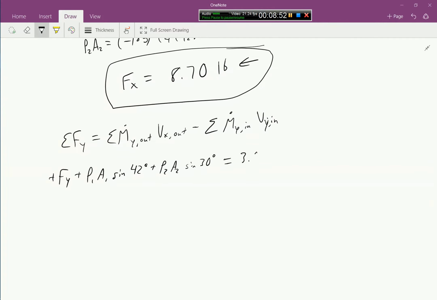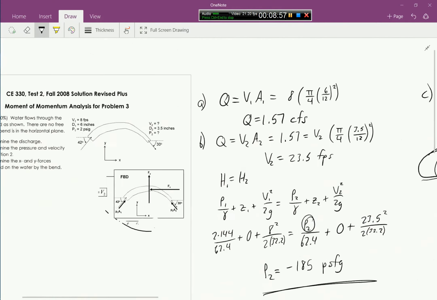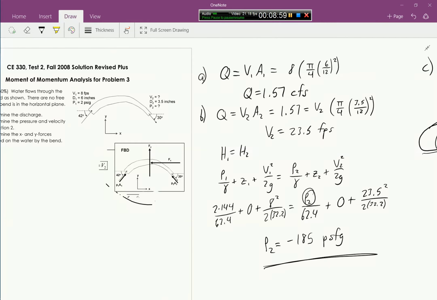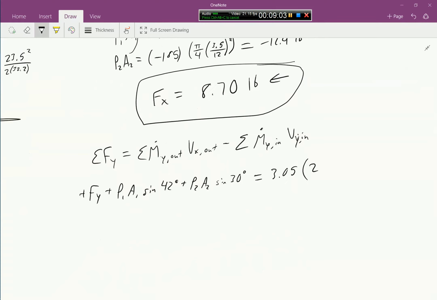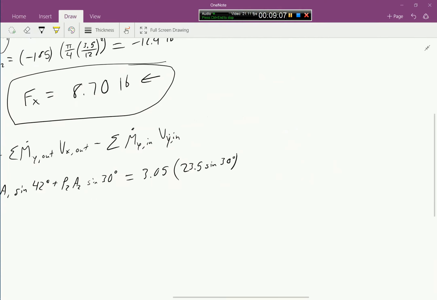And then we have 3.05 for m dot, that doesn't change. And then the velocity coming out in the y direction, so the y component of v2, and v2 is 23.5 times sine 30 degrees, minus 3.05 times the y component of v1, which is 8 times sine 42 degrees.